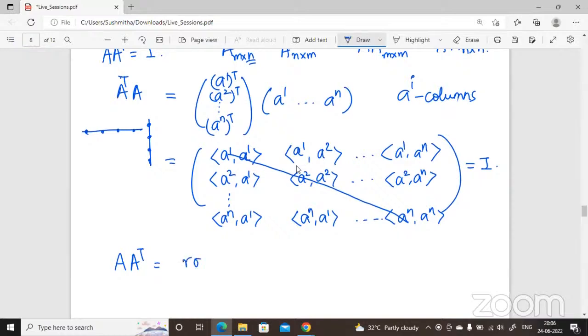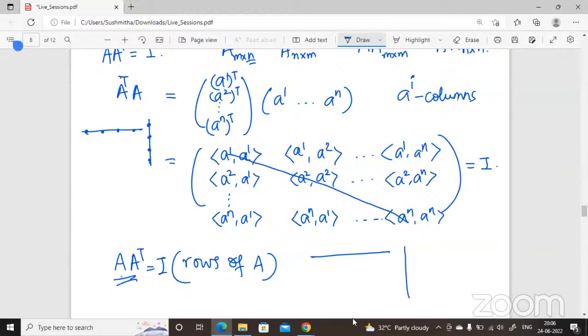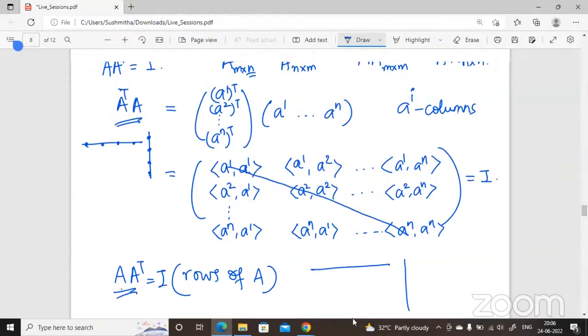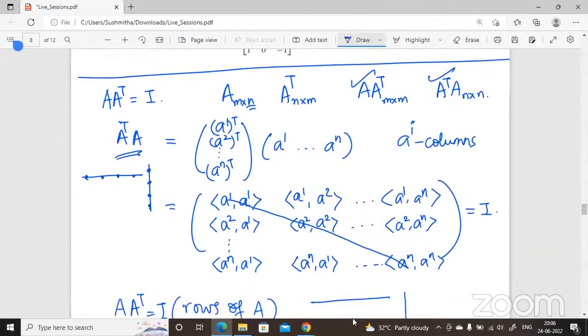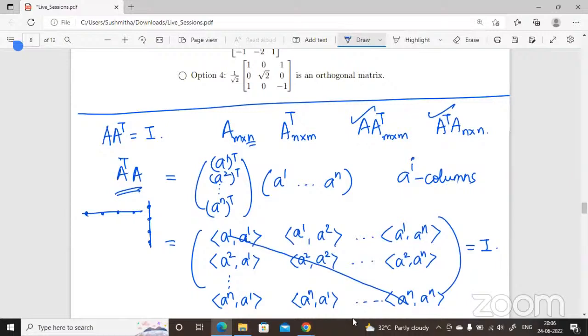Yes, you consider the rows of A here, the same concept for rows of A. AA transpose means the first row of A is multiplied with the first row of A again, because the first column of A transpose is the first row of A. So A transpose A deals with columns of A, and AA transpose deals with rows of A. Is this concept clear? When you're talking about orthogonal matrices, you need to check that all the columns form an orthonormal set and all the rows form an orthonormal set.